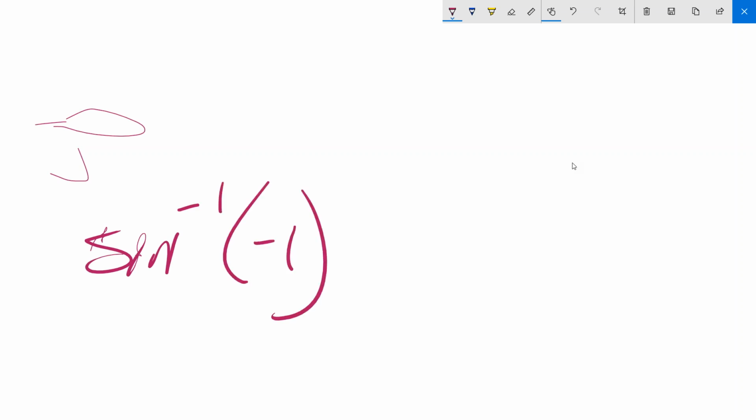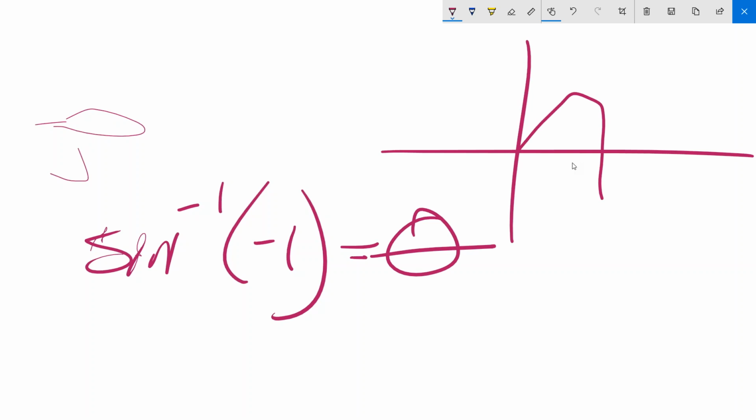Okay. So what are they saying? That's equal to what? An angle or a ratio? Okay. So if I draw my sine curve, and if you're going to memorize any curve, that's the one you want to memorize. That's y equals sine x. That is 360.